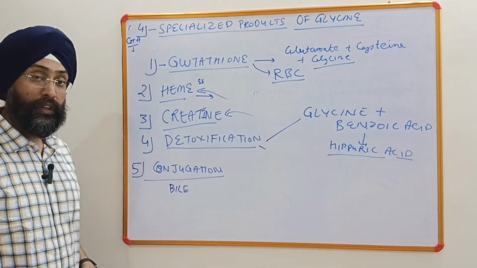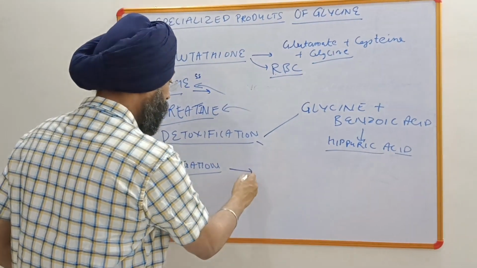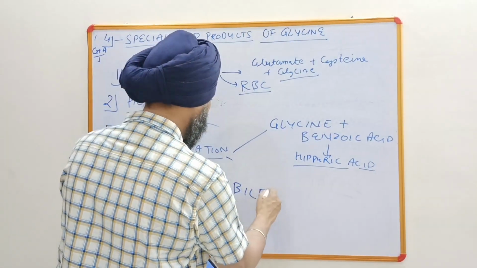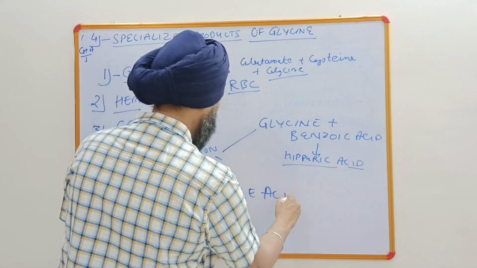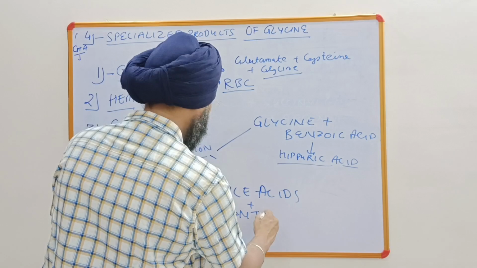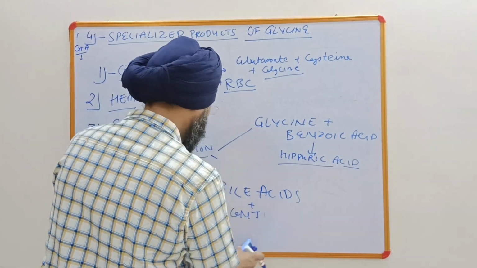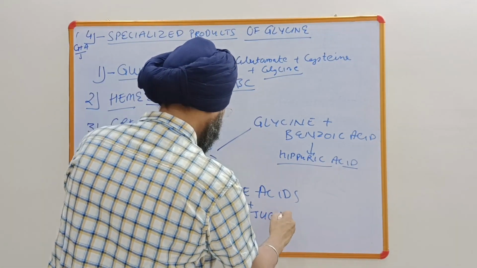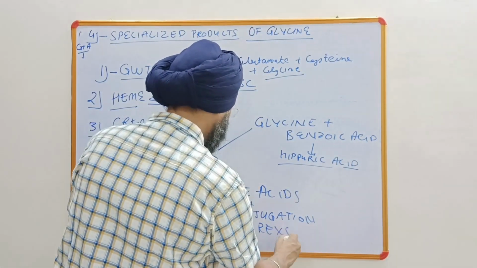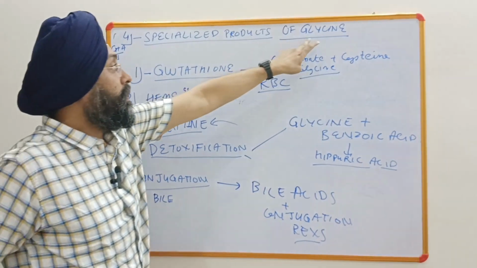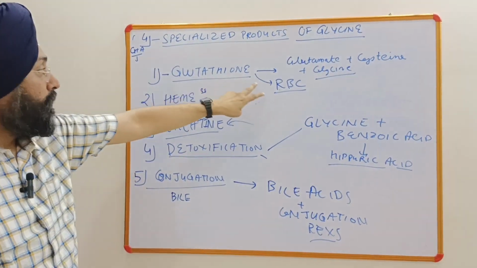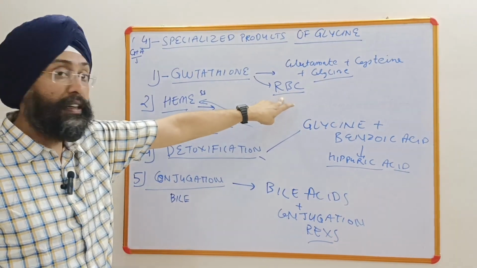Now the final is conjugation. The bile acids undergo conjugation reactions with glycine.